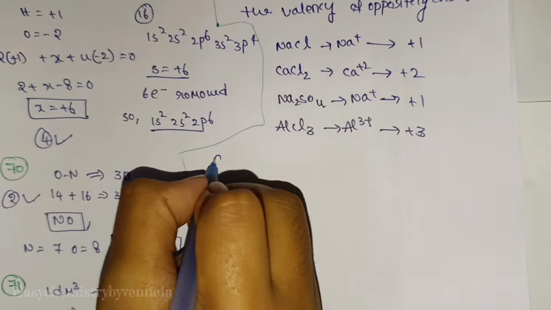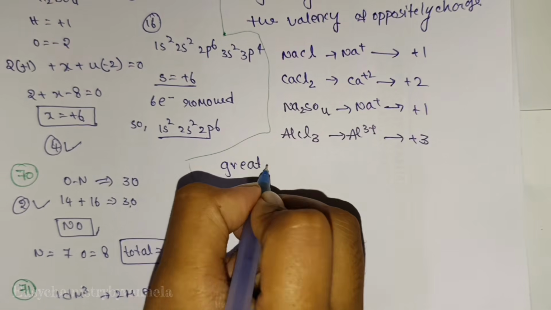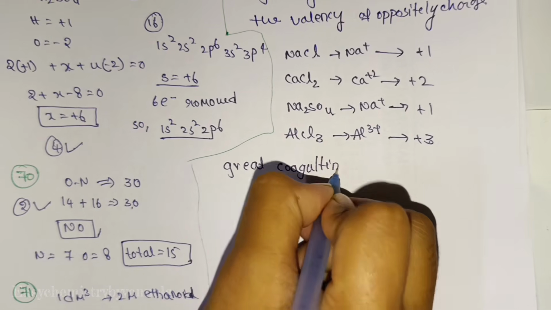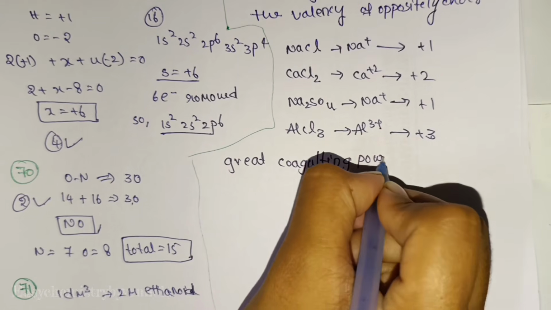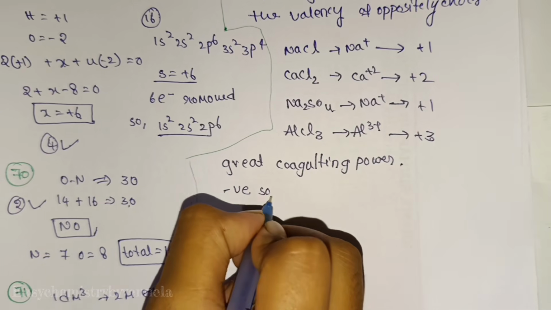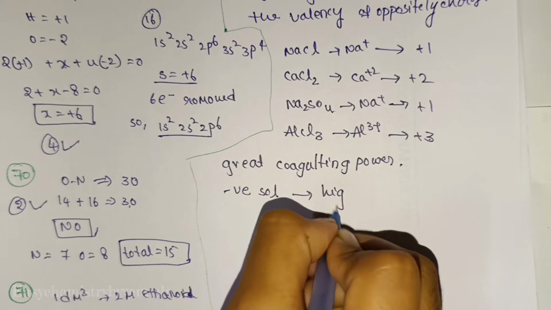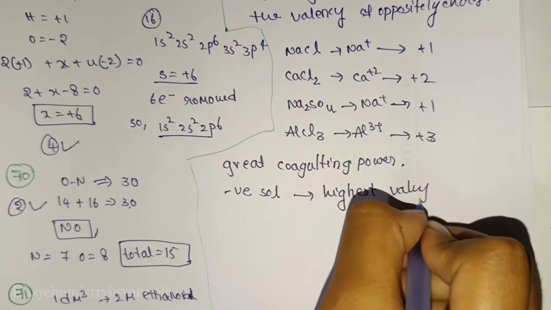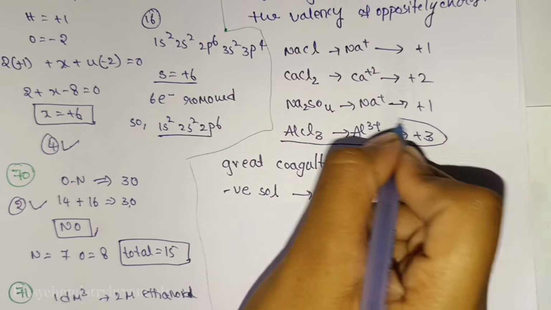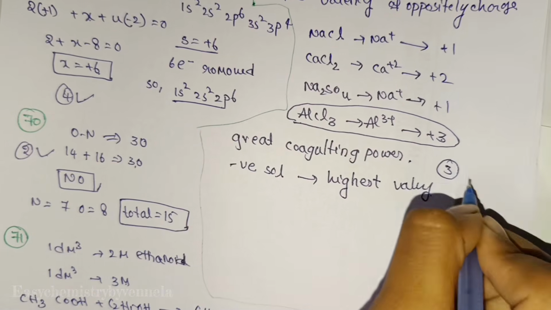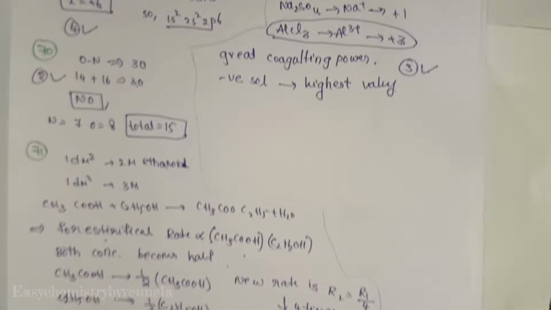So AlCl3 has the greatest coagulating power. So for negative sol, highest valency. In this, what is the highest valency? Al3 plus is the highest valency. So the third one is the correct one.